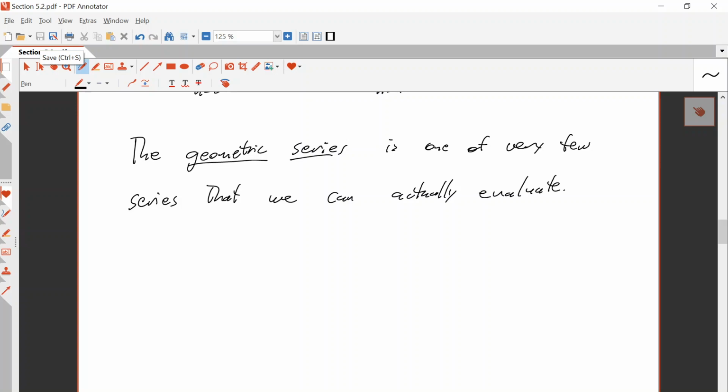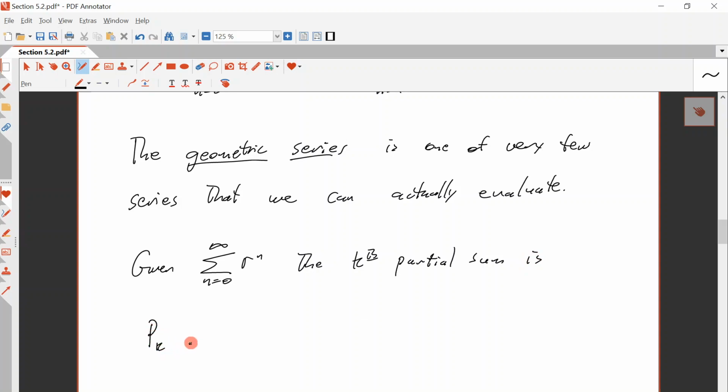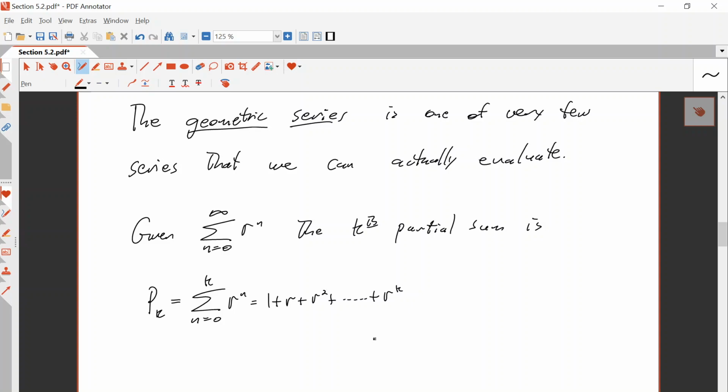Okay, so let's talk about the partial sum. Given the standard geometric series, sum n equals 0 to infinity, r to the n, the kth partial sum is p_k, the sum n equals 0 to k of r to the n. So this is 1 plus r squared plus up to r to the k, powers of r up to r to the k.